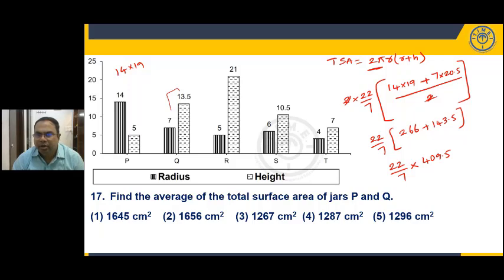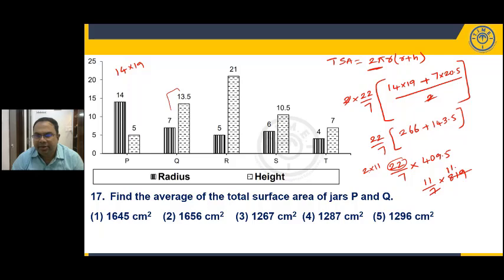Okay. Now, if I multiply by 2, this is 2 into 11 now. 2 into 409.5 is double of 409.5. 400 double 800, 9.5 double 19. 11 by 7 into 819.